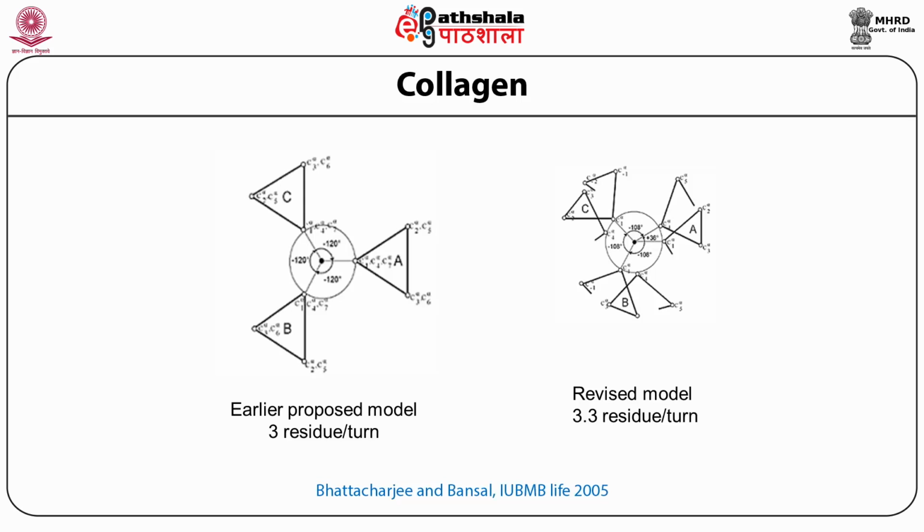When these comments came, Professor Ramachandran worked on the Ramachandran plot and showed that there is enough space for glycine to be accommodated, and glycine can have many possible conformations. And that's how he validated his collagen model.